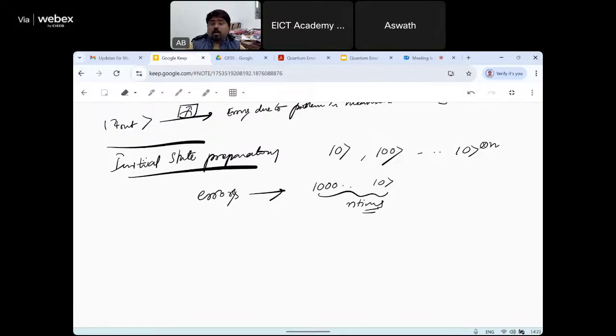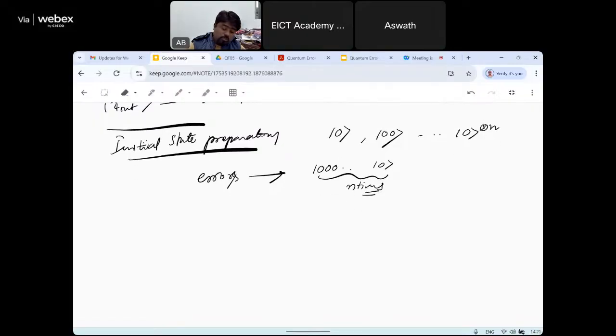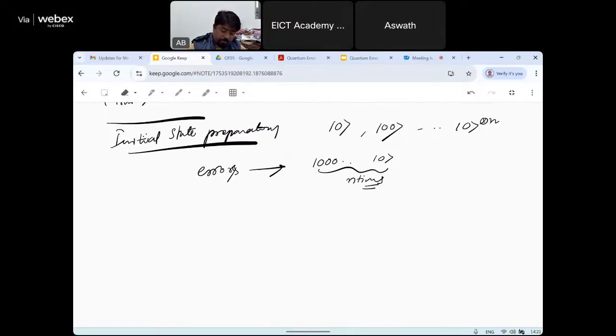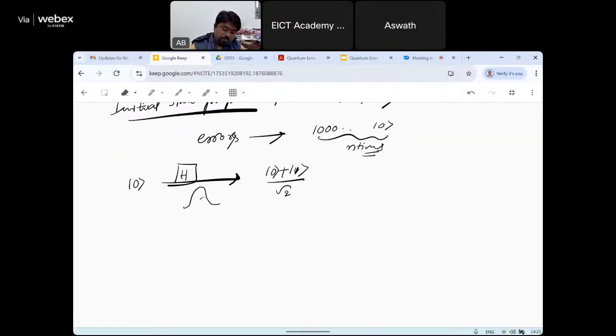There is something called control line noise, which also comes into the picture, a fluctuation in the control signal. For example, from 0 I want to create a superposition state. What I do is act a Hadamard gate usually, which is a pi by 2 pulse.